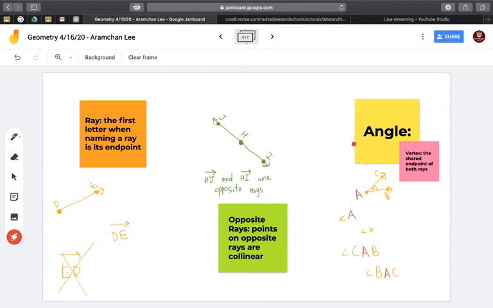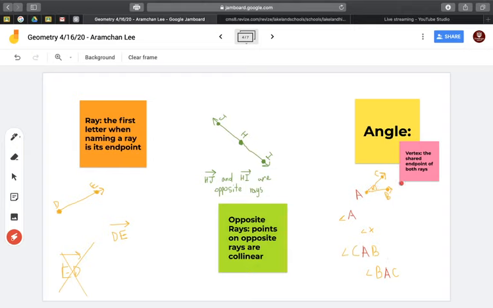Next, we have an angle. An angle can be drawn as two rays with a shared endpoint, which is the vertex. So in this particular angle, point A is the vertex because it is where these two rays meet. And X over here is the angle itself.